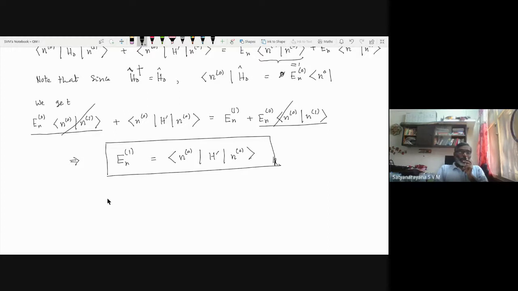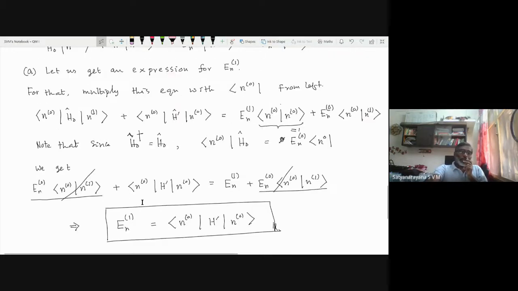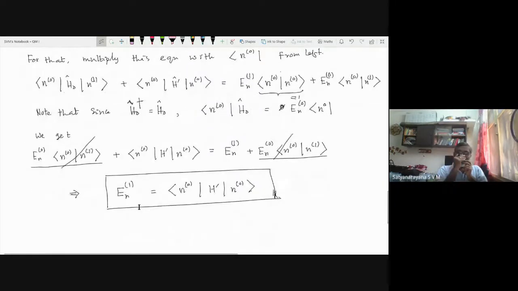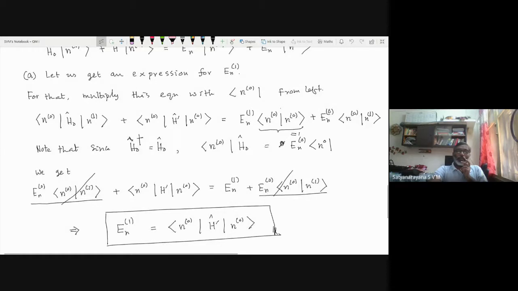Now remember, since there is no degeneracy, there exists a unique eigenstate for En0, and that eigenstate I can use to find out the first order correction in the energy. I am trying to do this slowly because it's not difficult, but only a little bit of bookkeeping is required. That's all.